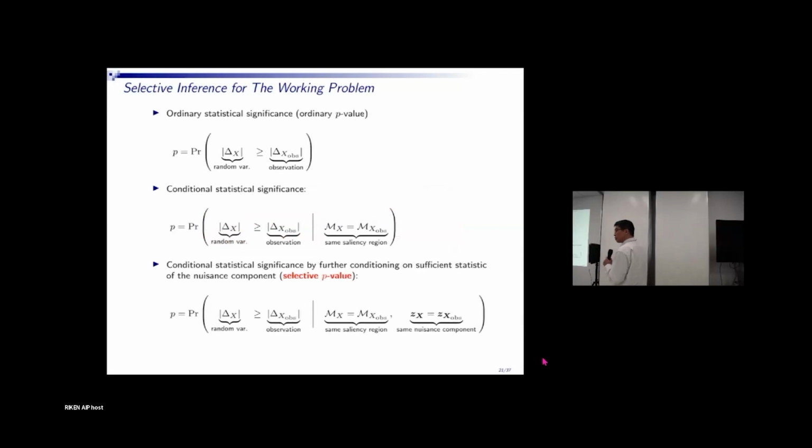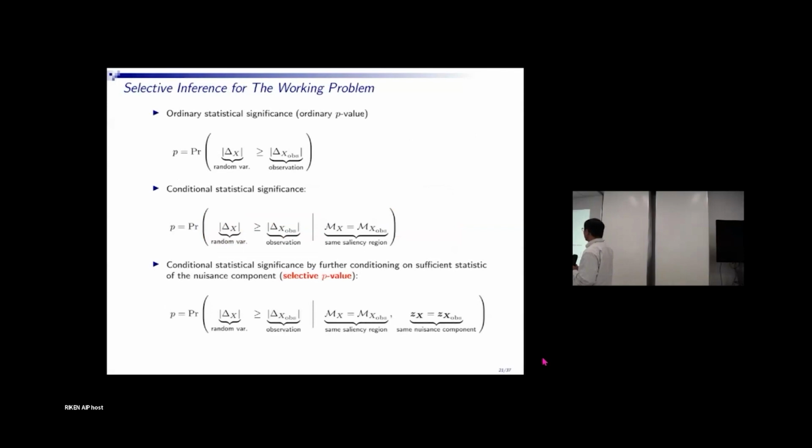So what we do mathematically is this. This is the ordinary definition of the p-value. The p-value is the probability that the difference is greater than the observed one. This is the ordinary statistical significance. On the other hand, in selective inference, we consider conditional statistical significance. Here we have a condition part. The first part is the same: the difference is greater than the observation.